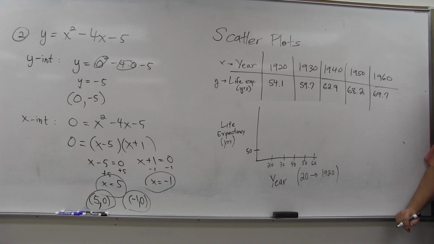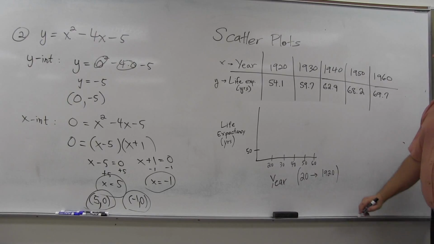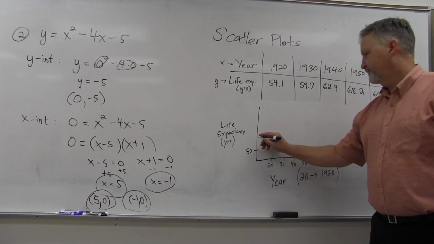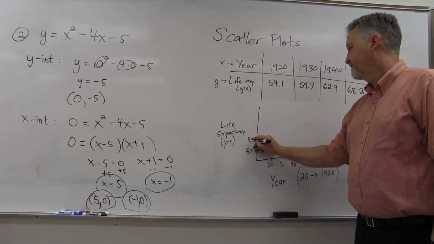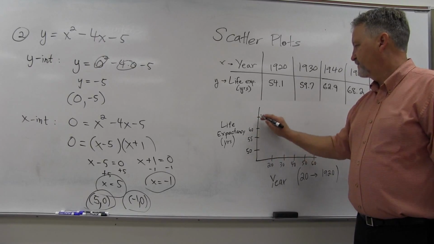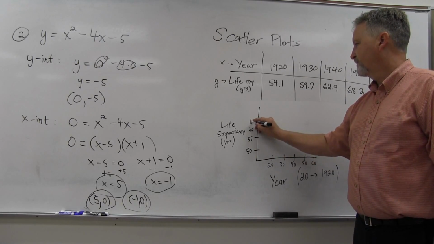That'll be okay for our purposes. Start at 50, and we're going up to 70. Mark off 2s, 5s. 5s will be fine, I think. Let's go 55, 60, 65.